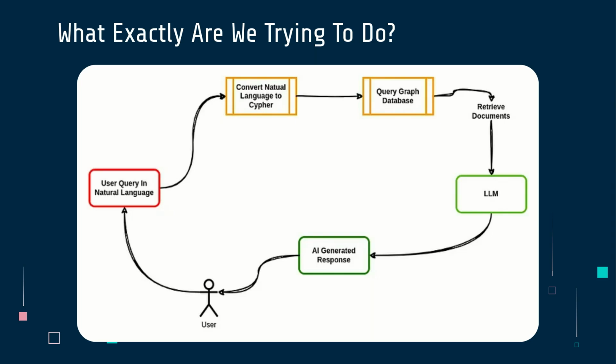Once we retrieve the relevant information, we pass it to the LLM saying, hey, the user asked this question, and this is the context that we want you to use to answer the question. The AI goes ahead and answers the question based on the retrieved information, and then sends the final response to little Johnny.